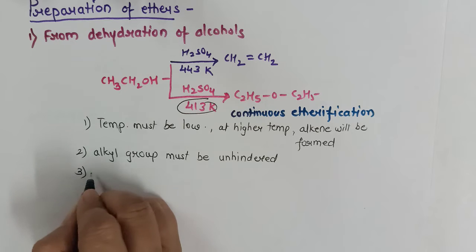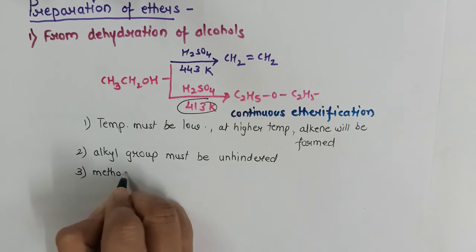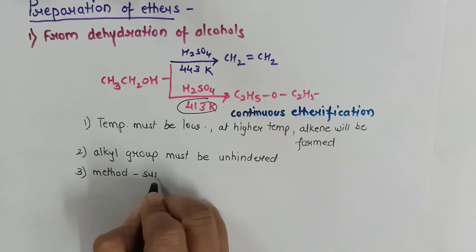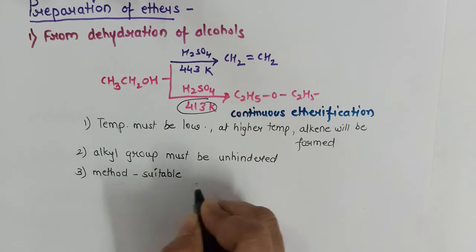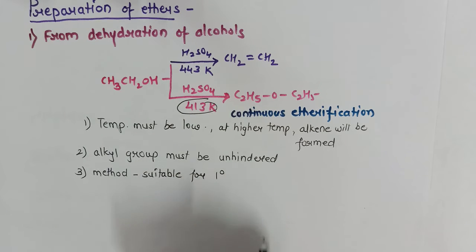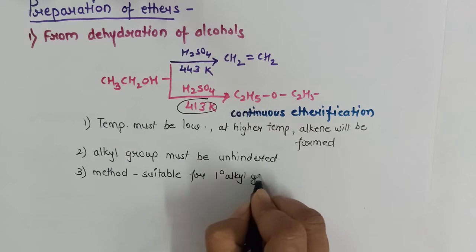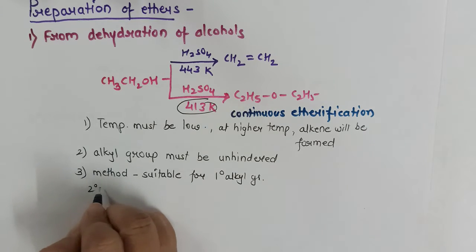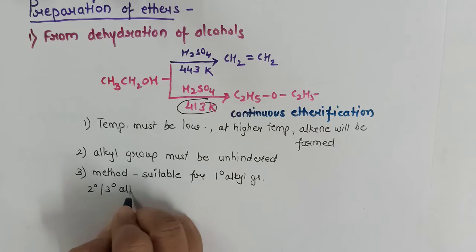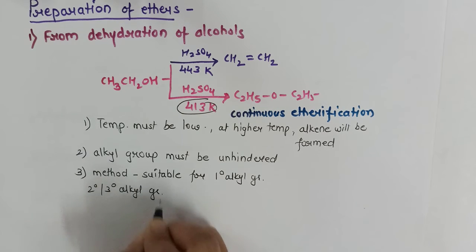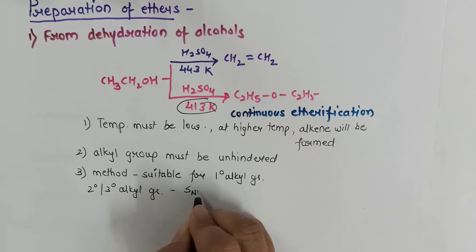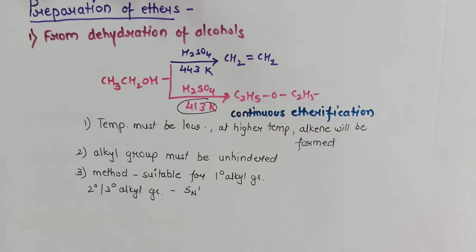That means this method is a better, or suitable, method for 1 degree alkyl groups. If it is a 2 degree or 3 degree alkyl group ether that we need to prepare, then in that case the reaction mechanism follows the SN1 path.